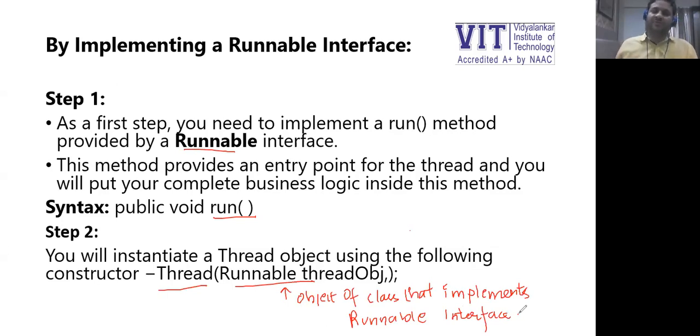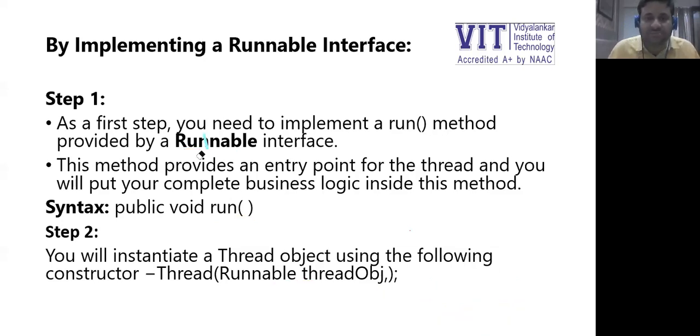Step number 1: create a class that implements the Runnable interface, override the run method, and write the thread logic into it. Then create the object of the Thread class and pass to it the object of the class implementing the Runnable interface.